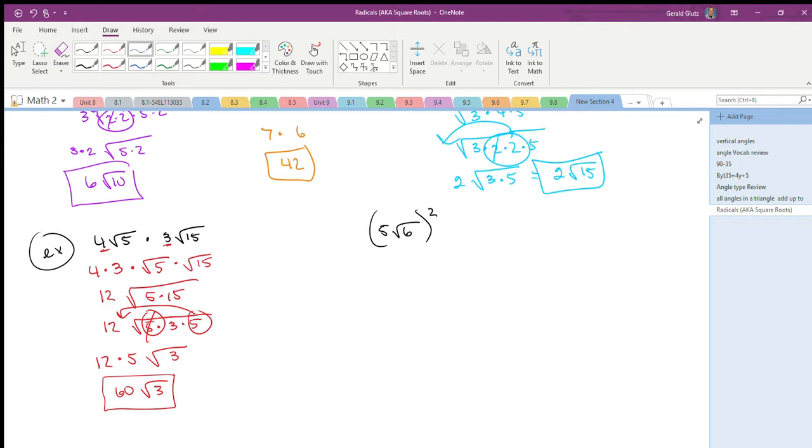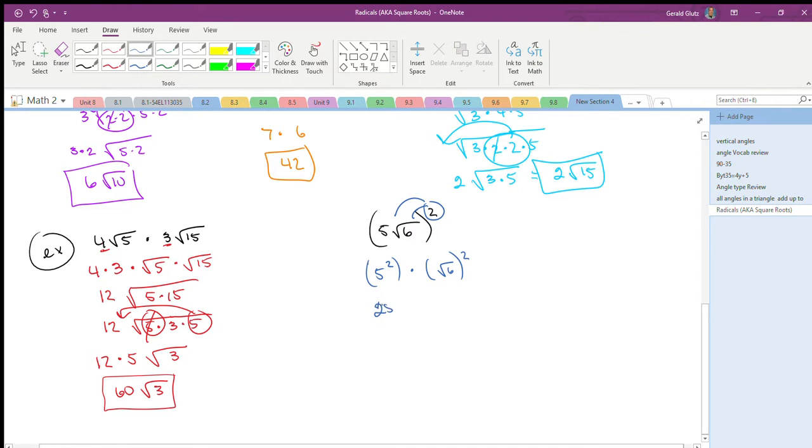And then finally, we have the quantity 5 root 6, all squared. So anytime we got an exponent around parentheses, I'm going to distribute that exponent. So 5 squared times the square root of 6 squared.